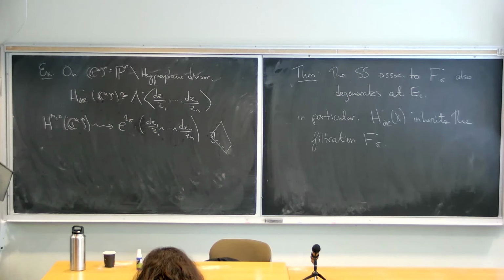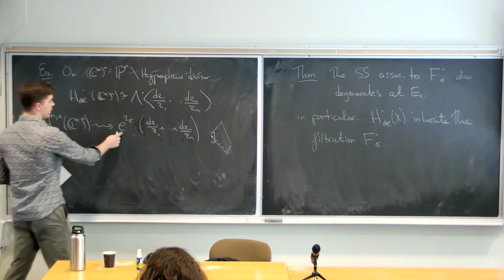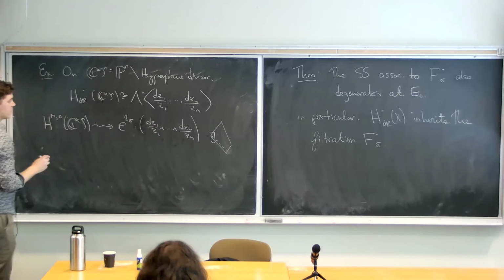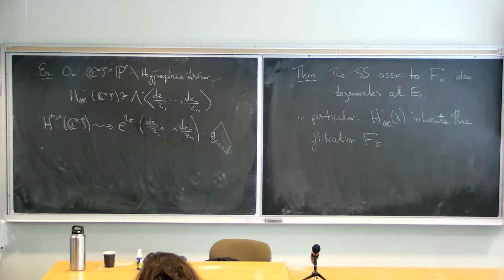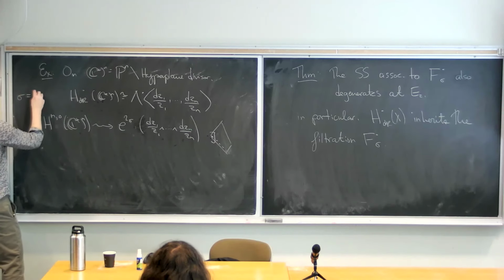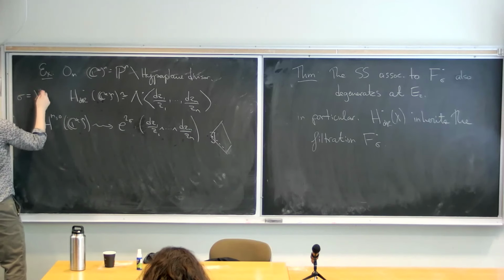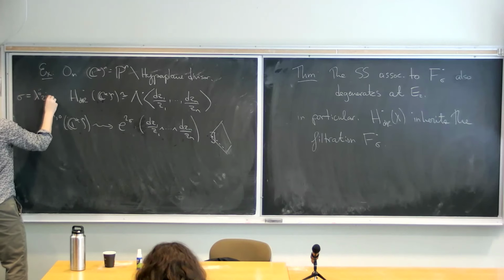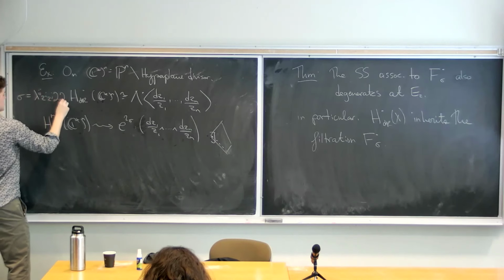Is the Hodge filtration somewhat clear? Yeah. So to this top form, sigma is log canonical. Sorry, here's sigma. Let's just take it to be the sum of lambda ij, zi, zj, del i wedge del j again.